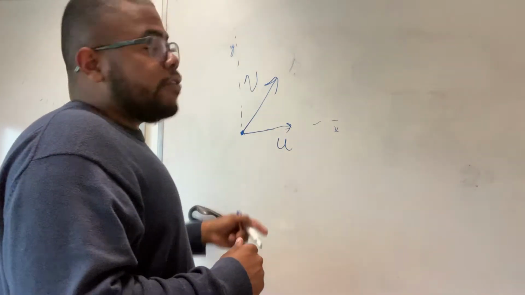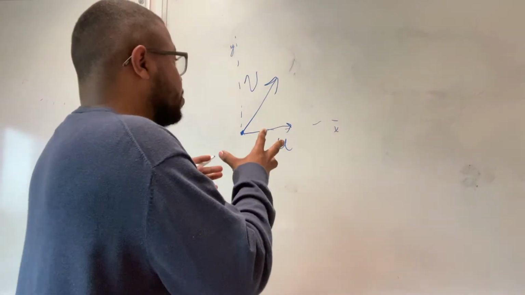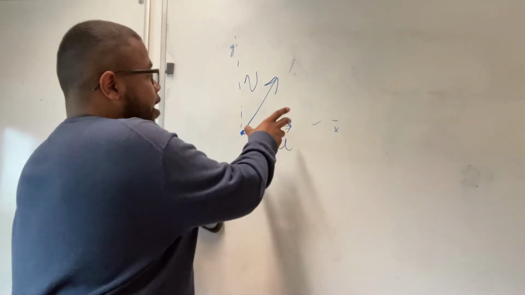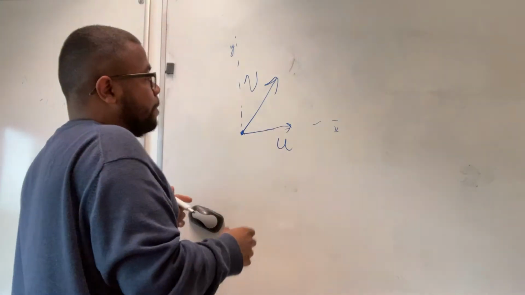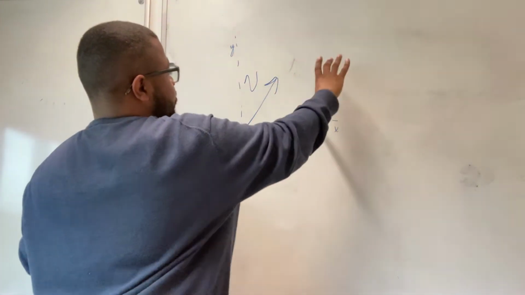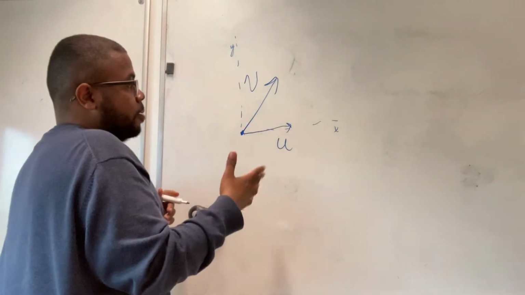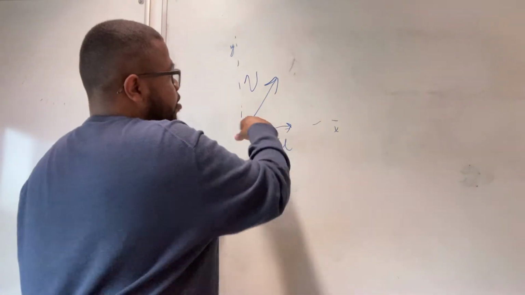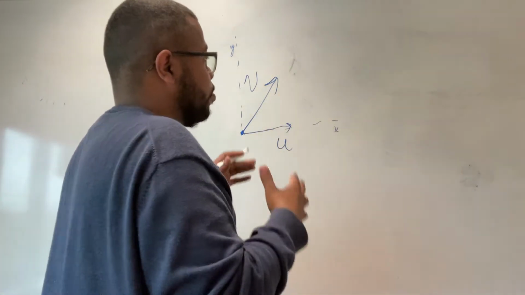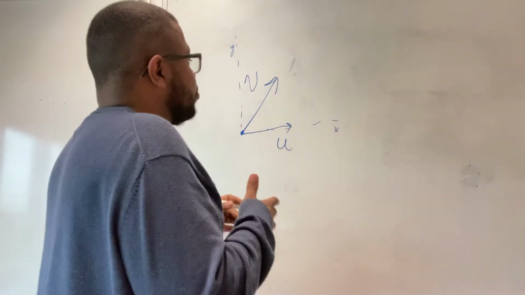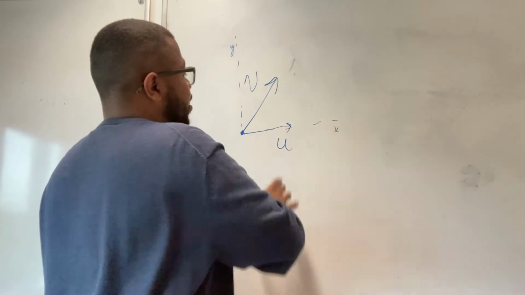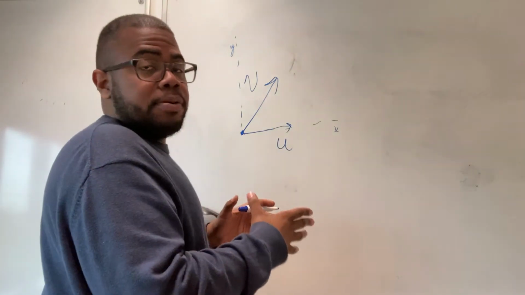We can add these two vectors together. Visually, you can think of it geometrically as the tip-to-tail method, where you move one vector here and draw the resulting vector, which will be the sum vector of the two. But analytically speaking, when you're adding two vectors together, you're adding their different components together.